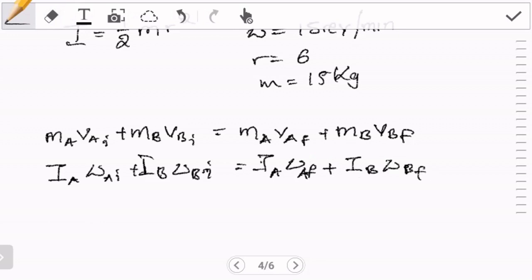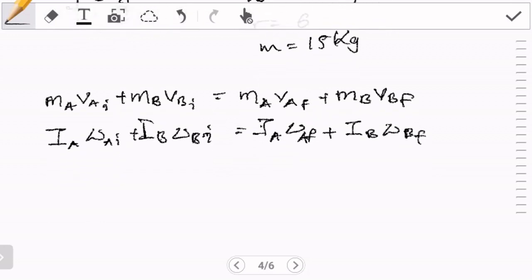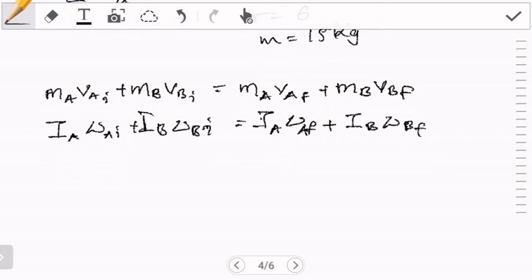Now, after taking note of this, the question is saying the merry-go-round is rotating. So the merry-go-round has an initial angular velocity. But let's assume the person was just standing next to the merry-go-round. The person was not moving. So the assumption here, since the question does not say anything about it, is that the person was initially not moving. So the angular velocity of the person was 0 initially.